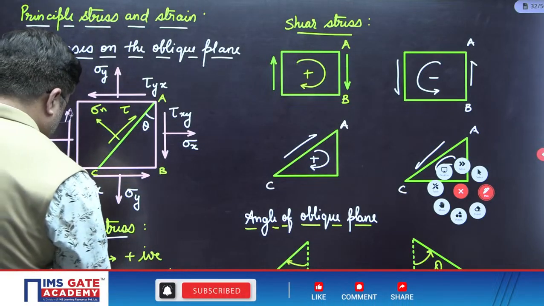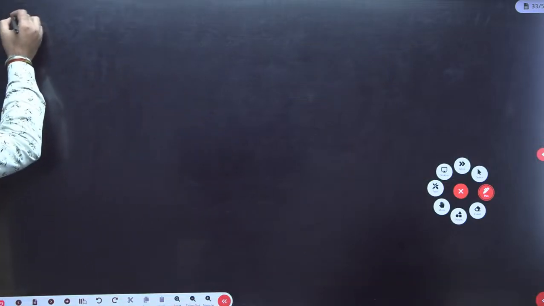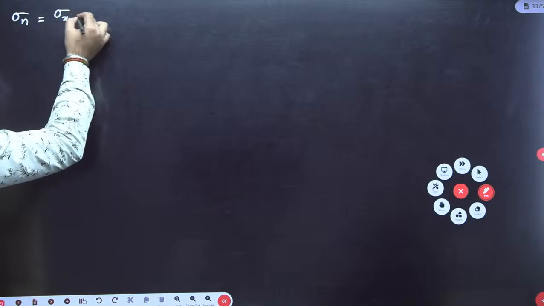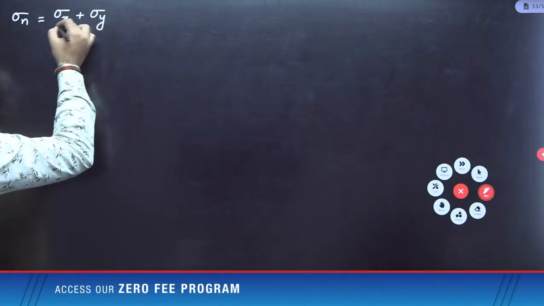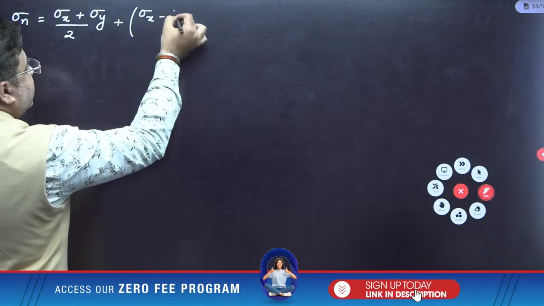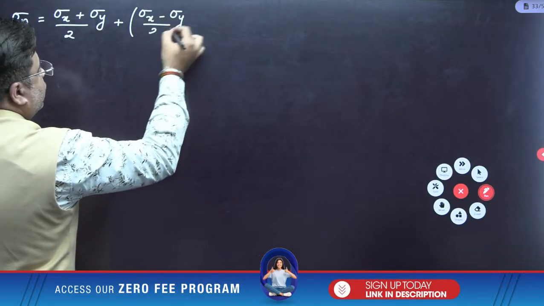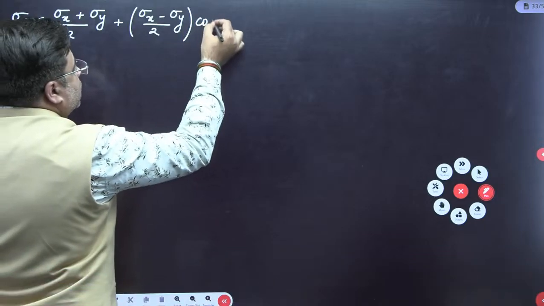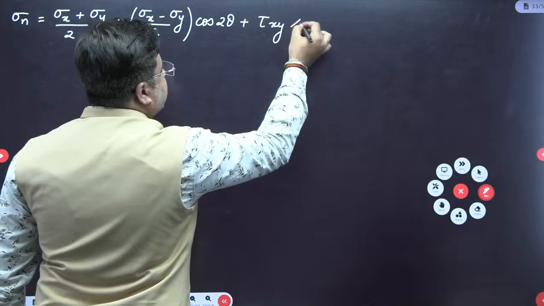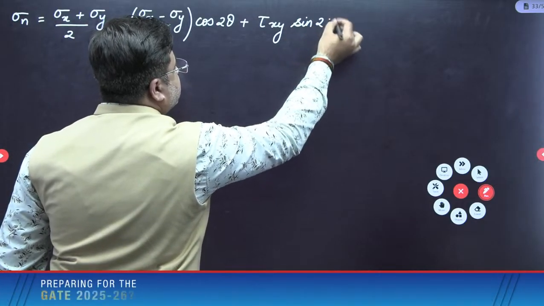So first of all, normal stress on the oblique plane, sigma n, is equal to (sigma x plus sigma y) by 2 plus (sigma x minus sigma y) by 2 into cos 2 theta plus tau xy sin 2 theta. This is your normal stress on the oblique plane.